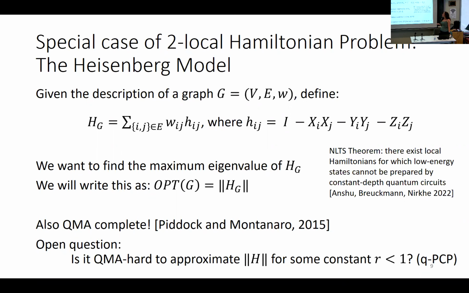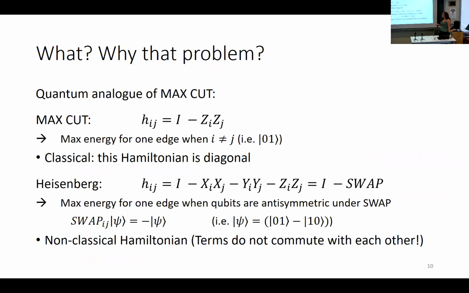All right. Okay, so why are we talking about this problem? How is it analogous to max cut? Well, when you're talking about max cut, you're maximizing the energy when you put a different value at each vertex at the end of an edge. But this is a classical problem in that all of the terms in that Hamiltonian commute with each other. So there's no entanglement happening.